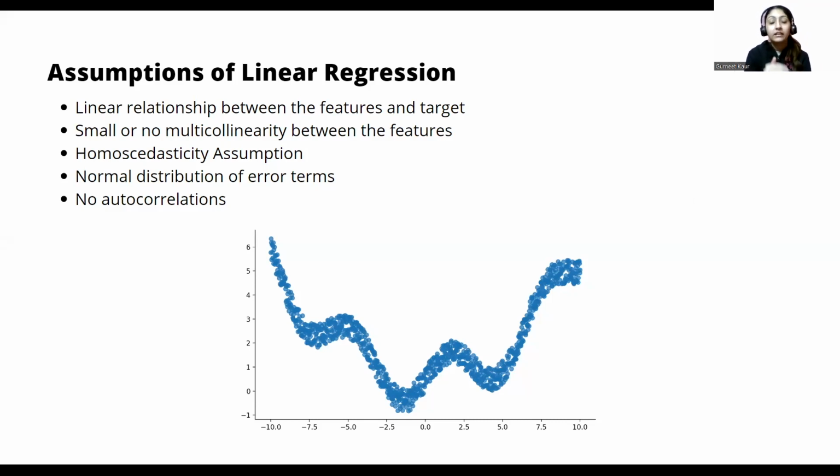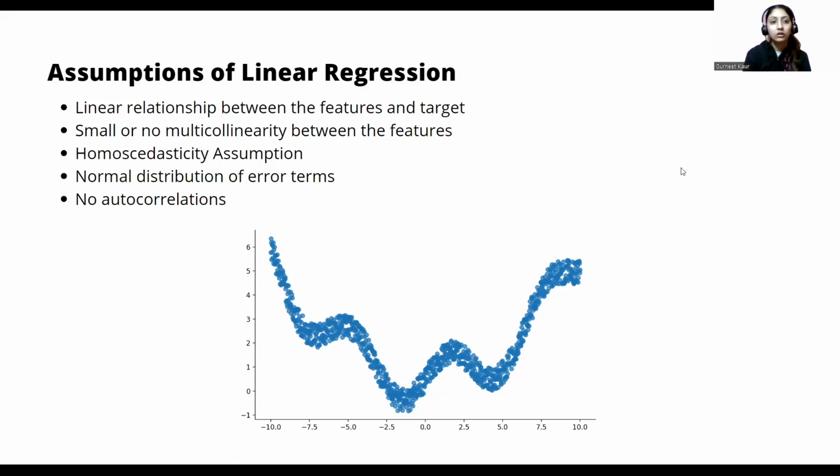Collinearity means that there is a high correlation between the features or the independent variables, right? Due to that, it's very difficult to find out the relationship between the predictor and the target variables, or to determine which predictor variable is affecting the target variable, right? So the model assumes that there is either very small or no multicollinearity between the features.